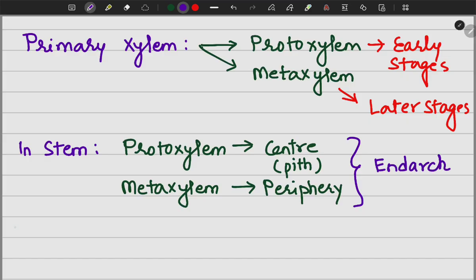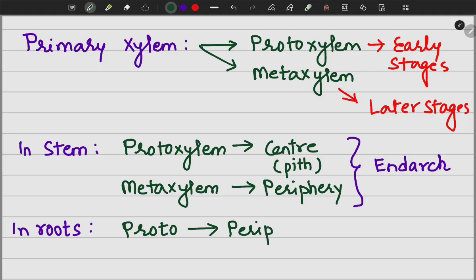Alright, if we talk about roots, both dicot and monocot, the protoxylem will be towards the periphery, just the opposite of stem. What we studied about stem, in roots it will be just the opposite. The protoxylem will be found towards the periphery of the root, and the metaxylem will be at the center.